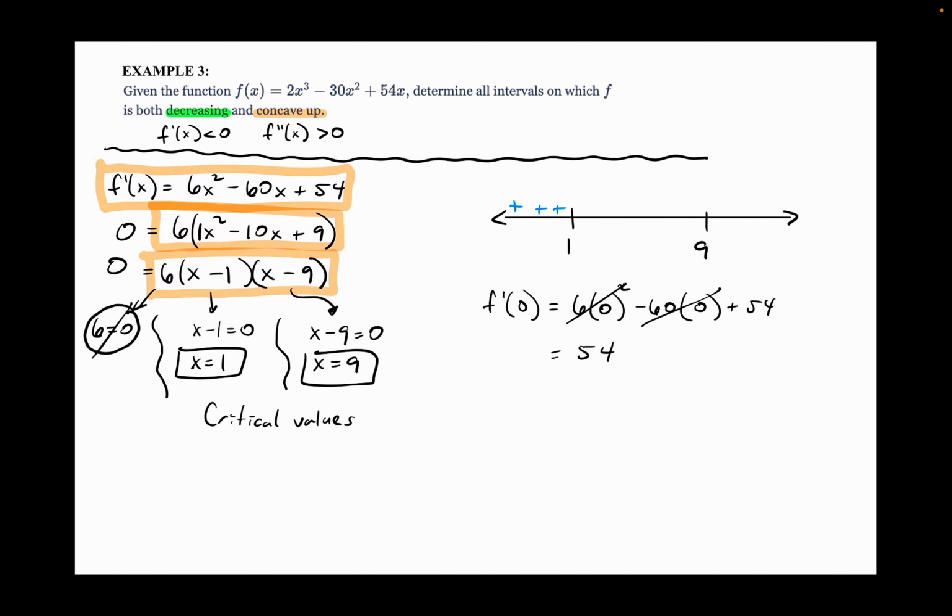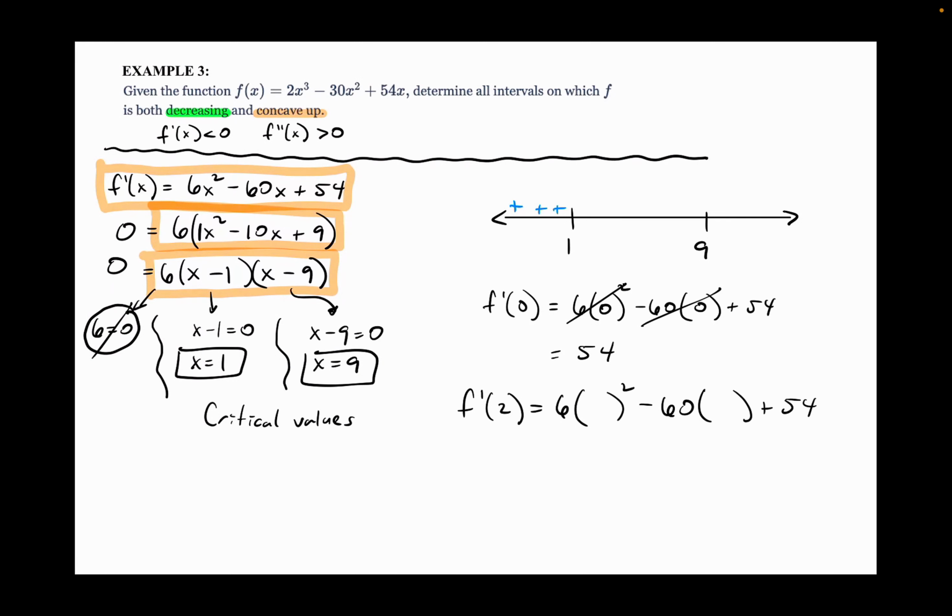Now you're going to plug in a number in between 1 and 9. 2, 3, 4, 5, 6, 7, 8, whichever one of those you want to pick. Again, this part you can do in your head. I don't need to see work for this part because it's just checking to see if it's positive or negative.